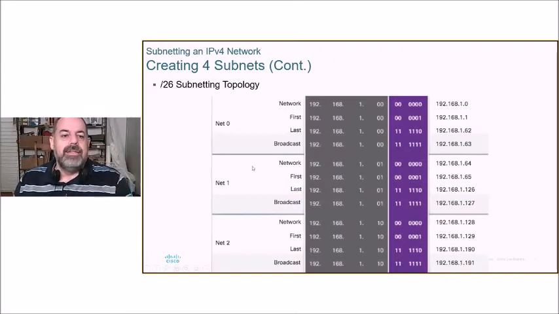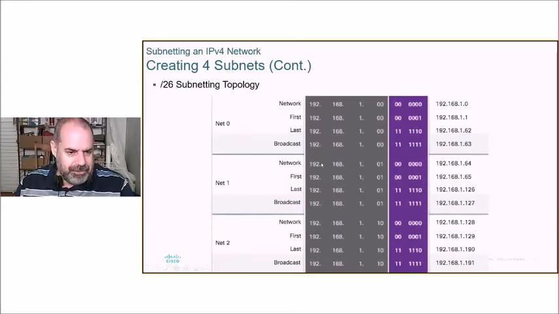Okay, so when we create those 4 subnets, we're only seeing the top part of the table. The 4th subnet, net 3, is not visible. Again, all zeros in the host section. Of course, this is the first subnet, so the subnet portion is also zeros. So the network number is 192.168.1.0. First host, add 1 to that. And there are all the hosts in between until 62, as that's all 1s except for the last one which is a 0.